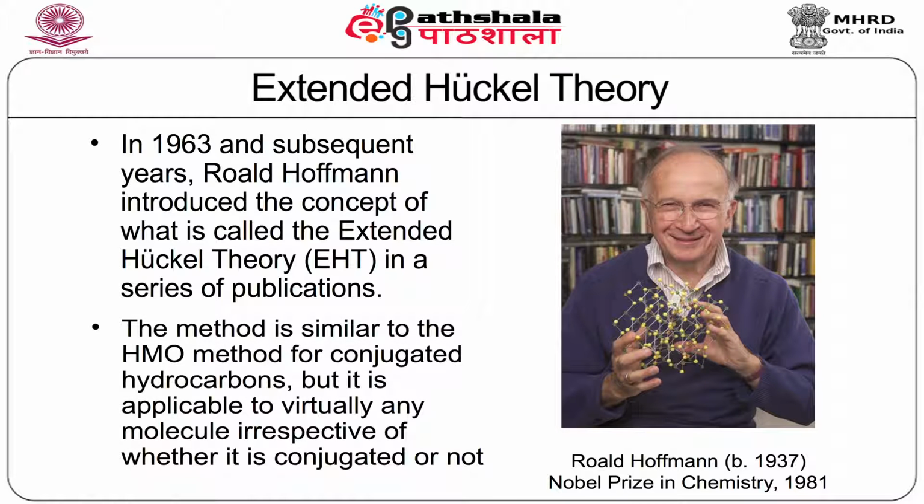The extended Huckel method he proposed is similar to the Huckel molecular orbital method for conjugated hydrocarbons, but it is applicable to virtually any molecule irrespective of whether it is conjugated or not.